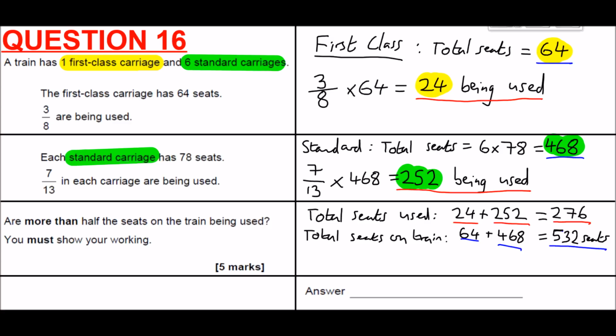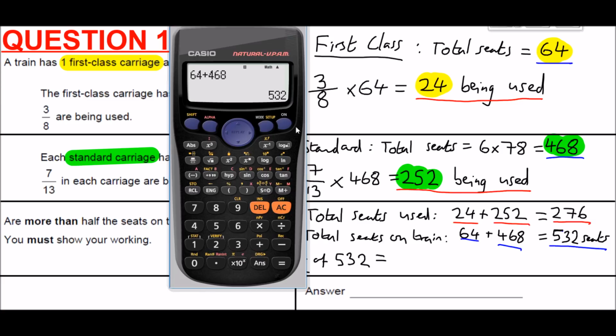And so there's 2 ways now we can compare these two. We could think about what's half of 532 first of all, and compare the total seats being used to what half of 532 would be. So half of 532 is just 532 divided by 2, which is 266.